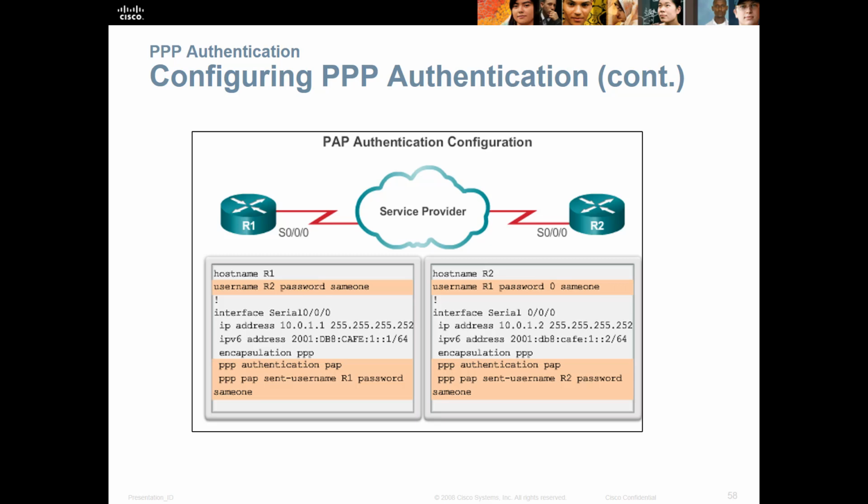You'll notice here the username will be R2, even though we're dealing with R1. That's what we're going to be sending to R2. On the R2 side, we'll be sending the username R1. So let's make sure we get that. This is R1. This is the username and password we're sending to R2.